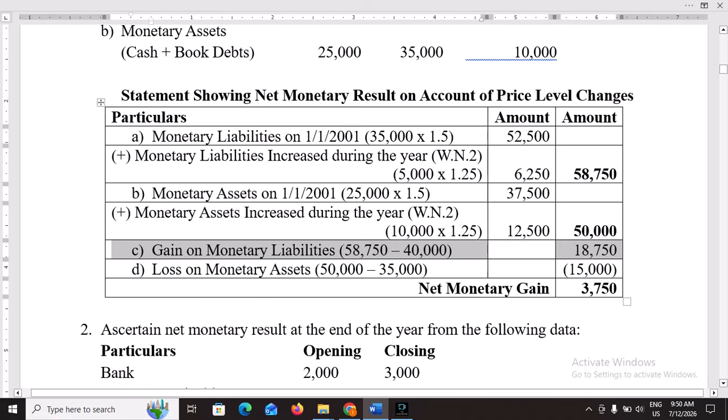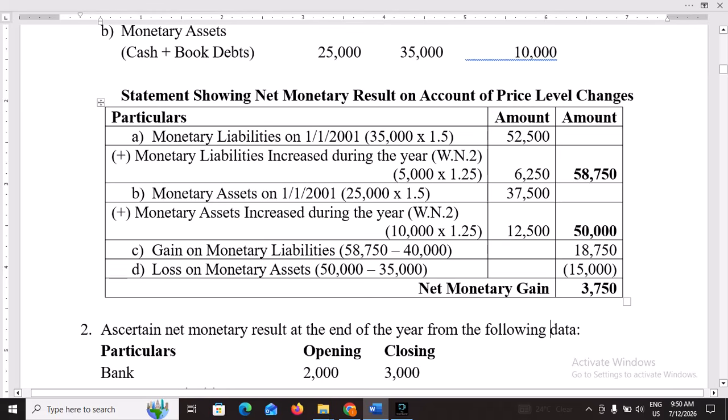Understood? By chance, if monetary assets come out positive, then it is a loss. Monetary liabilities positive answer means gain on monetary liabilities, but if monetary assets come positive, it means a loss on monetary assets. Any doubt?